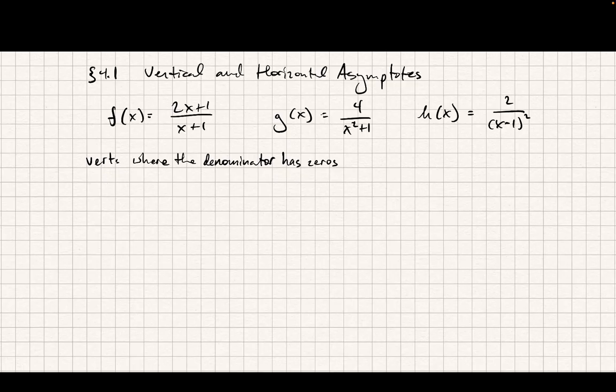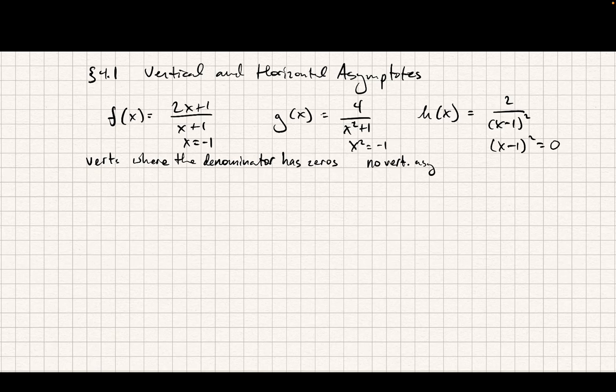Wherever this equals 0, -1, so we had x equals -1 as a vertical asymptote. And what about this one? i and negative i. So this is no vertical asymptote. And what about this one? x equals 1 is the vertical asymptote.